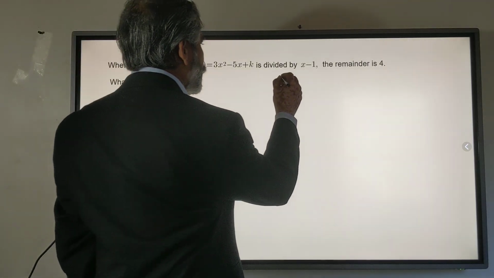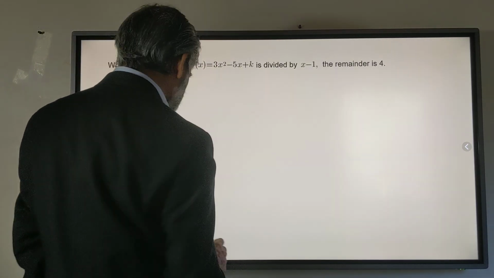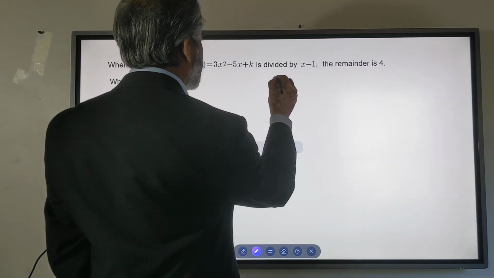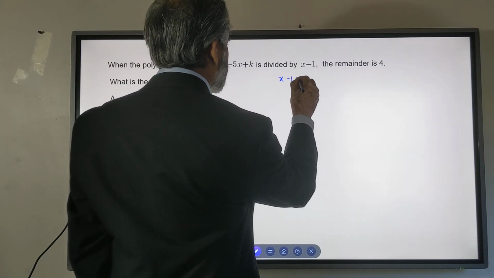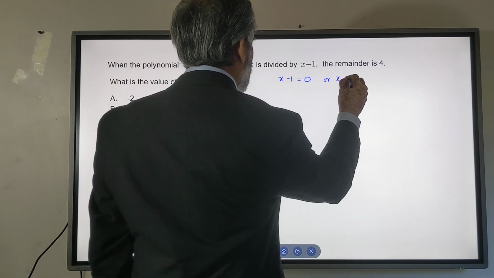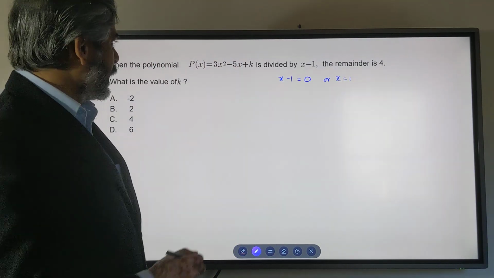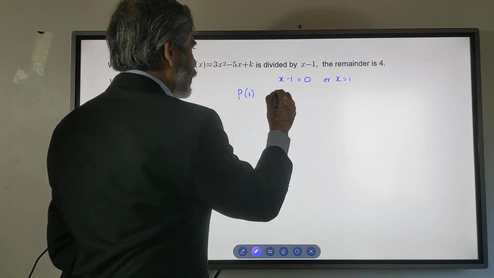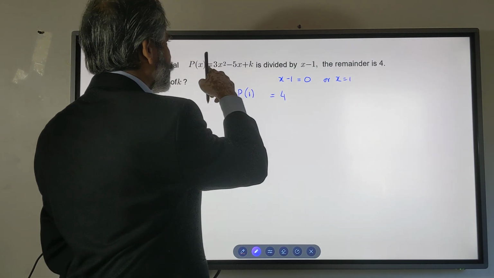So what we do is, when I divide it by x minus 1, then I substitute x minus 1 equal to 0 or x equal to 1, and then p(1) will give us the remainder 4. And what is p(1)?